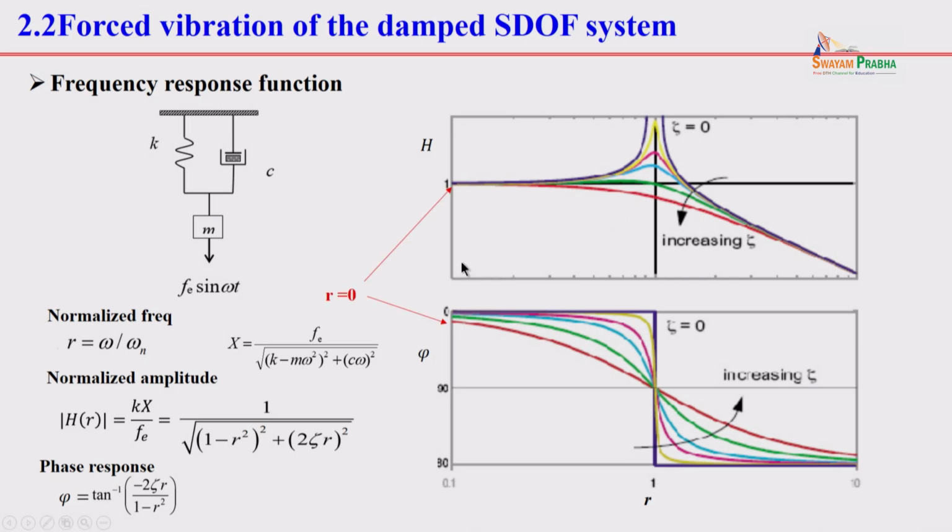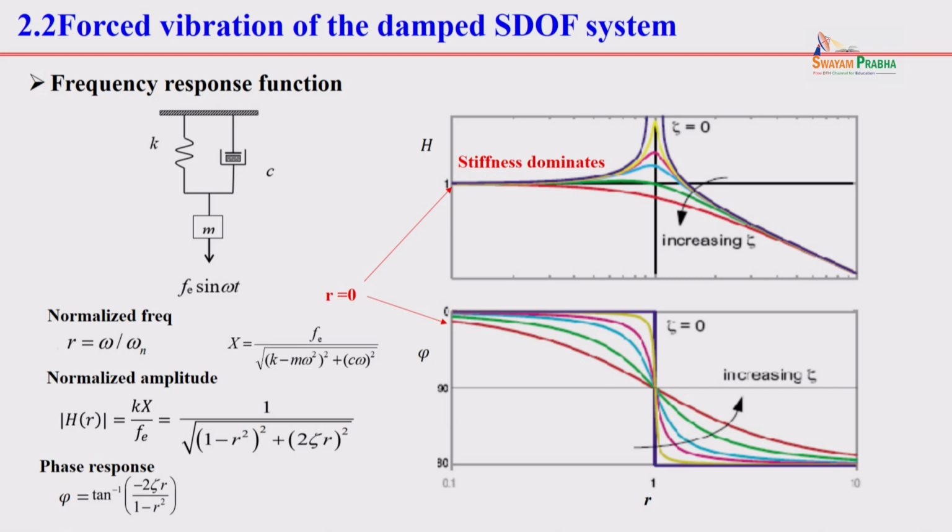Another thing: when the frequency is zero, what is the meaning of vibration frequency zero? You have a constant force, you just pull the spring, right? With frequency zero, the vibration amplitude will be the static deformation. The damping doesn't matter, only the spring matters, right? You have a constant force, only the spring matters. So that is called stiffness dominated.